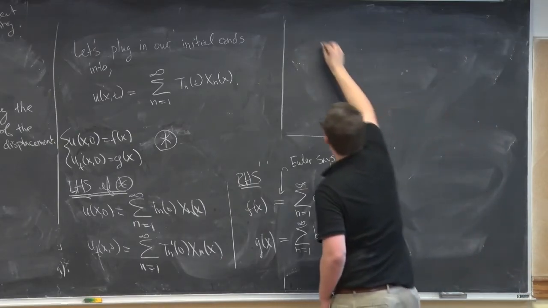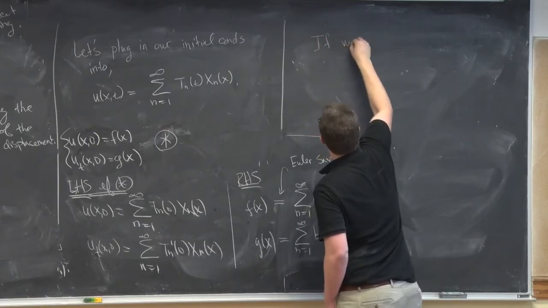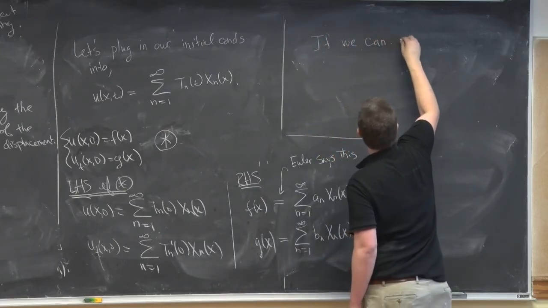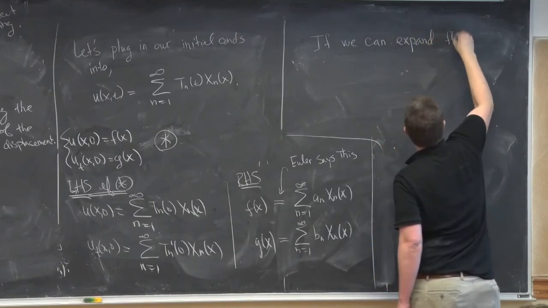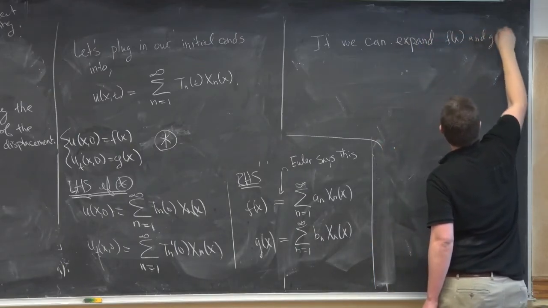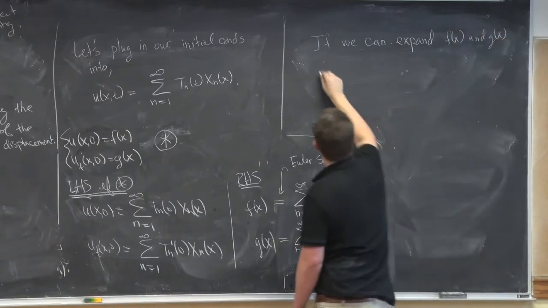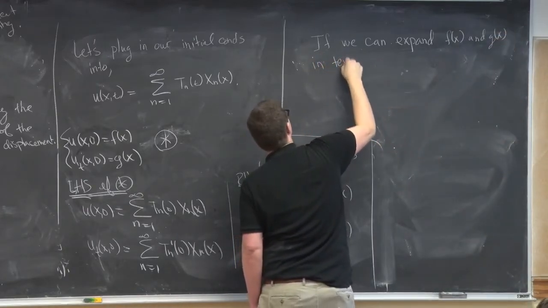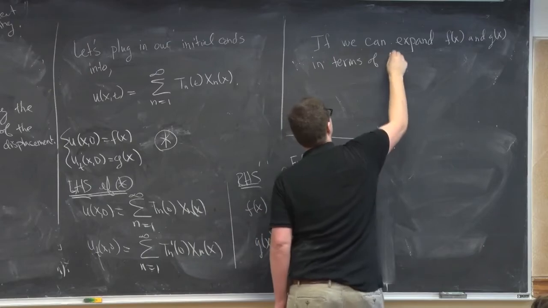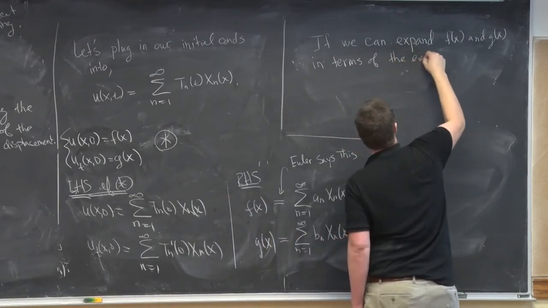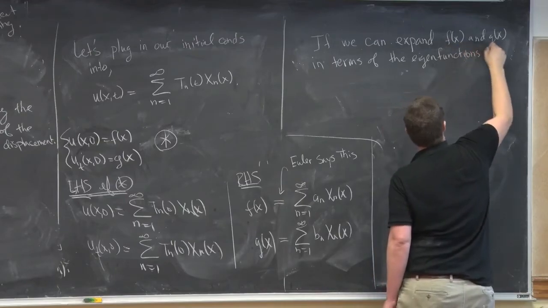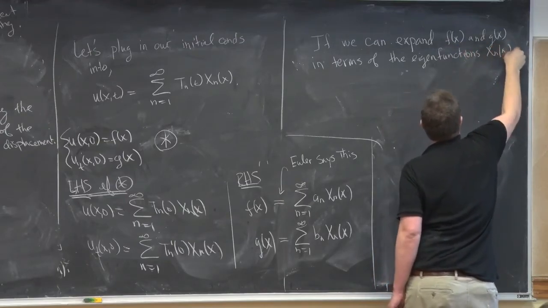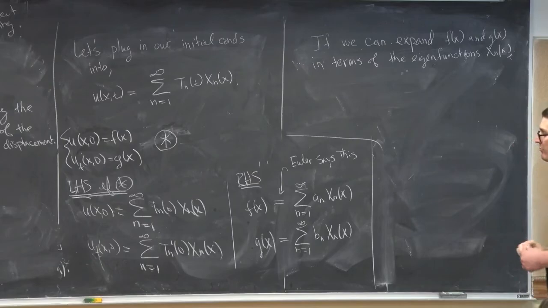So if we expand f(x) and g(x) in terms of the eigenfunctions X_n(x), then what do we get?